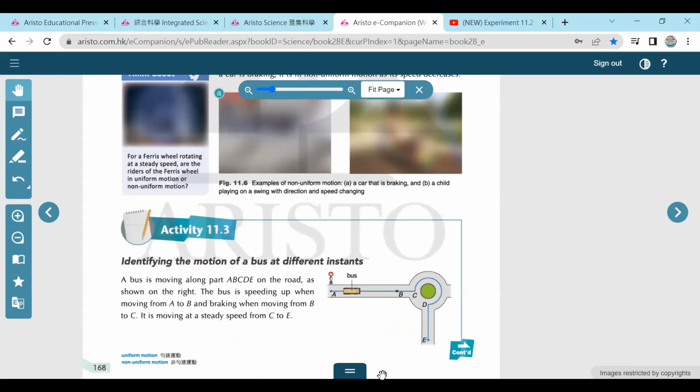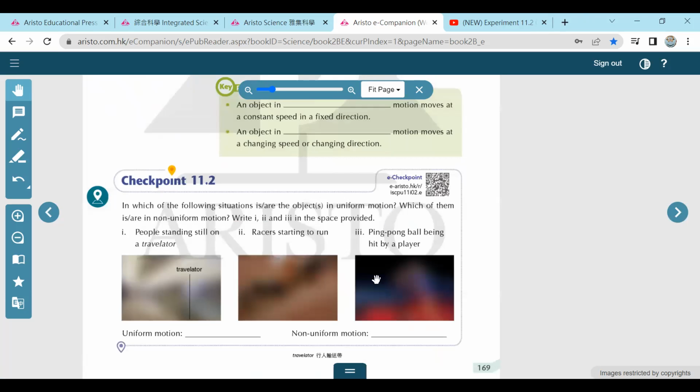Okay, so activity 11.3, identifying the motion of a bus at different instants. I won't go through this; you do it, look at it by yourself.